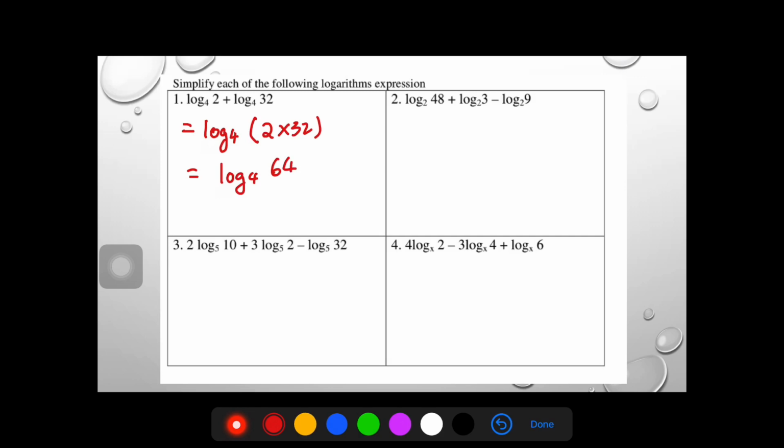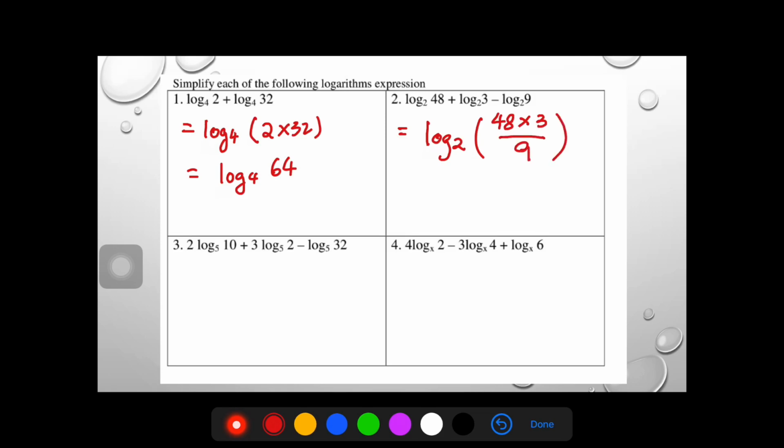Second, log base 2 of 48 plus log base 2 of 3 minus log base 2 of 9. So base 2, base 2, base 2. Combine it together, it will become log base 2 of 48 multiplied with 3 divided by 9.